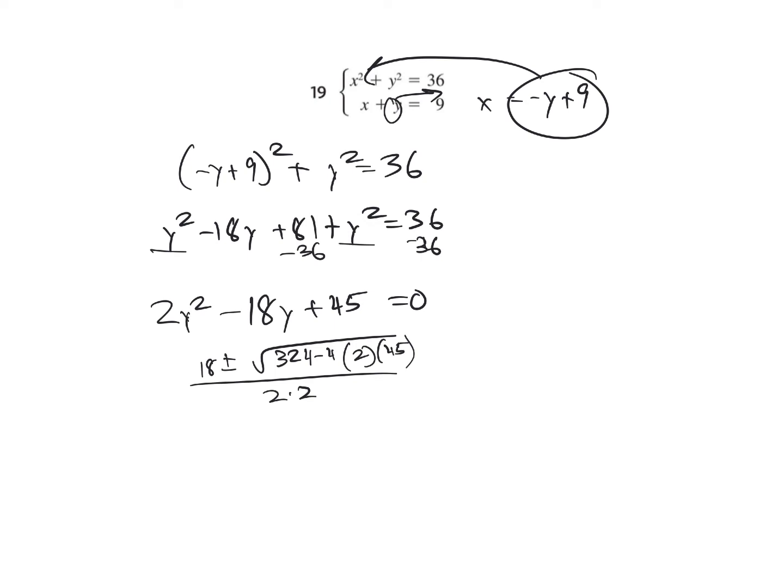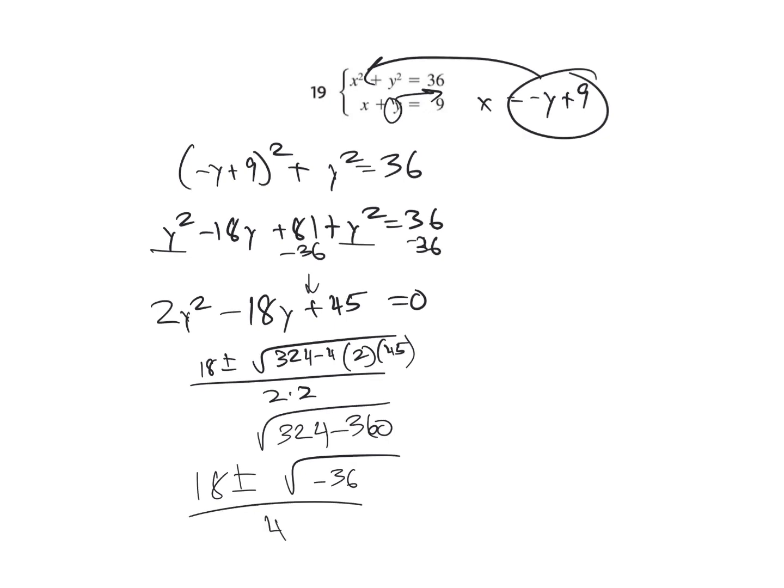Okay, so I think in the book they have this wrong. They have this as a negative 45, and that's obviously not correct. What we have under the radical is 324 minus 360, which gives me a negative 36. You can't have the negative there. So even though you have all this stuff here, that's no solution.